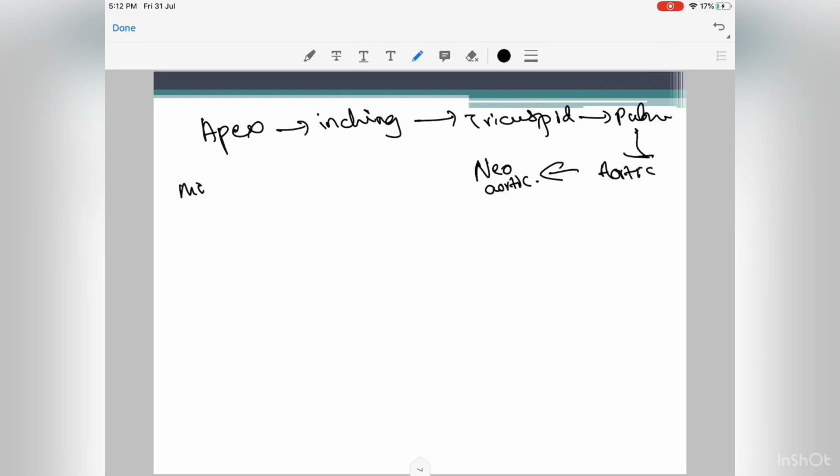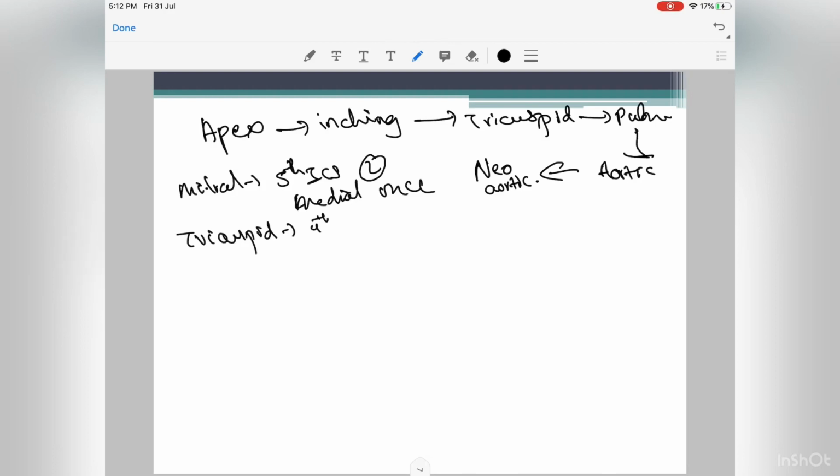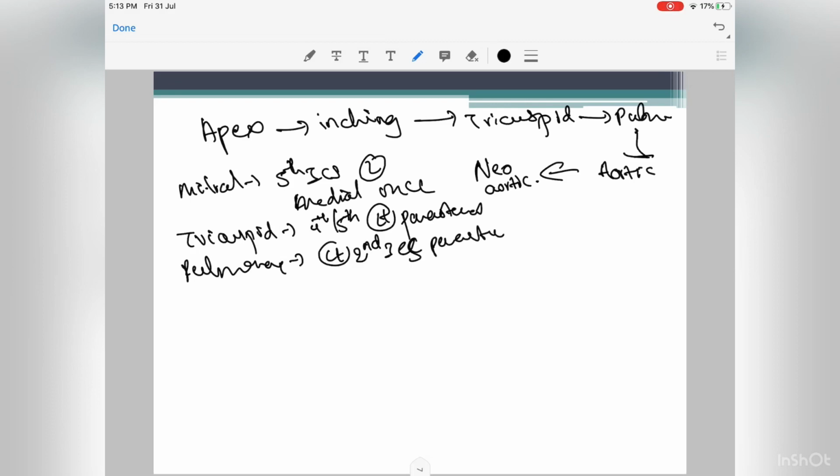So the areas to be auscultated are, first, the mitral area, that is in the 5th intercostal space, just medial to the mid-clavicular line on the left side. Then the tricuspid area, that is the 4th or 5th intercostal space, left parasternal. Then the pulmonary area, left second intercostal space, again parasternal.